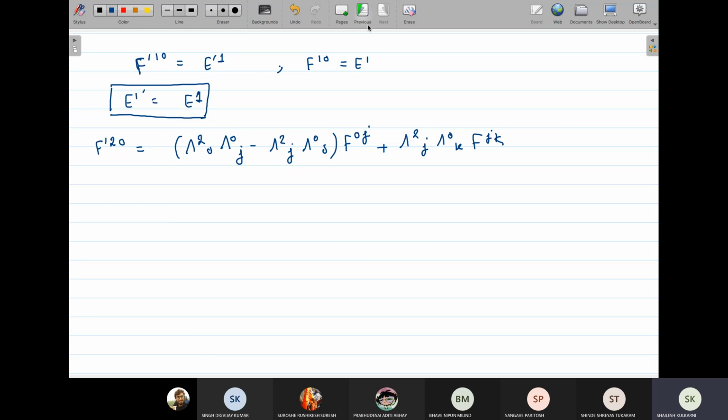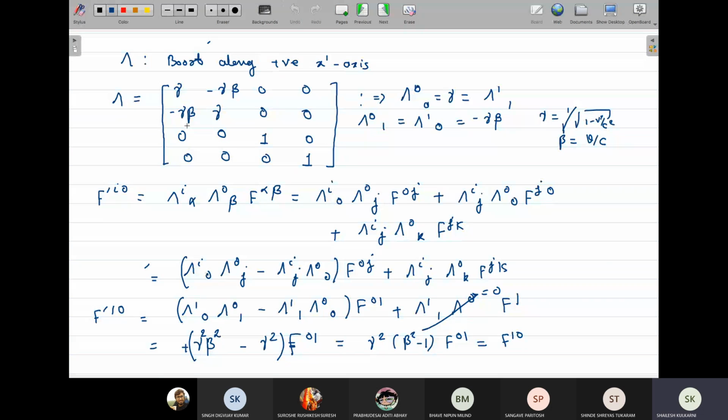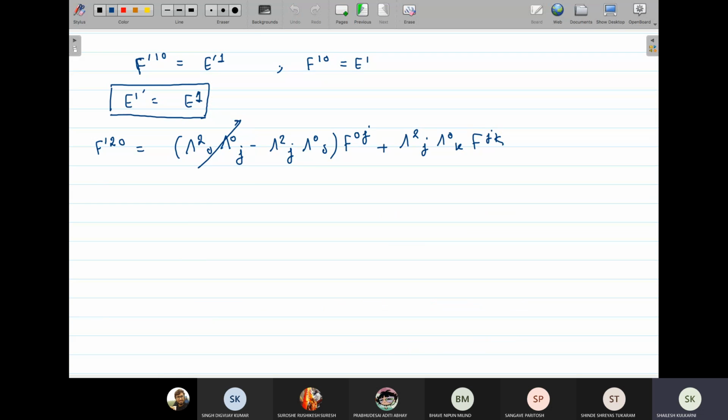Lambda 20, the second row and the 0th column. The indices run 0, 1, 2, 3 and 0, 1, 2, 3. So the second row and 0th column entry is 0, so lambda 20 is 0. Now lambda 2j is non-zero, but j cannot take the 0 index.